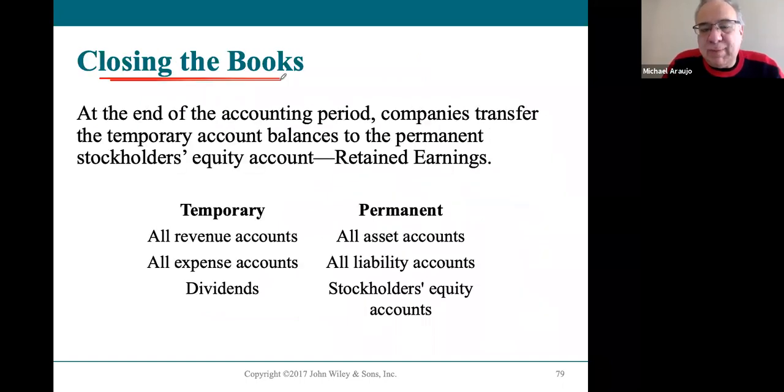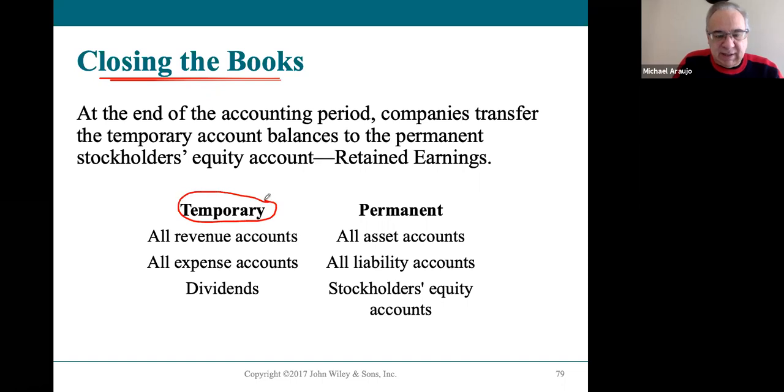And closing the books basically only affects the accounts that are subject to the periodicity assumption, which are the revenue and expense accounts, as you know, because those are on the income statement, and the dividends account, which of course is the net income, these two accounts combined, right? Minus the dividends. So those are called temporary because literally we can only measure them up to 1 year's time.